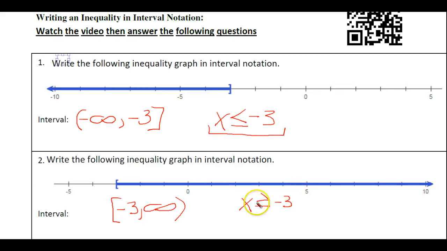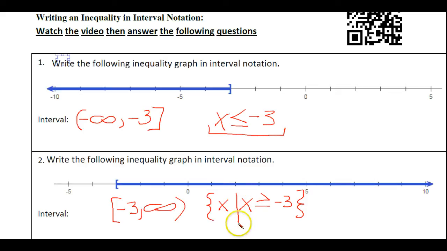Now, another kind of method to express this sometimes is what we call set builder notation. Set builder notation is in braces and looks like this. All we do is add x is such. That vertical line is such.